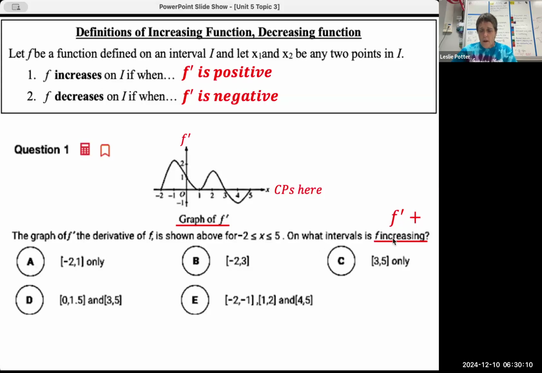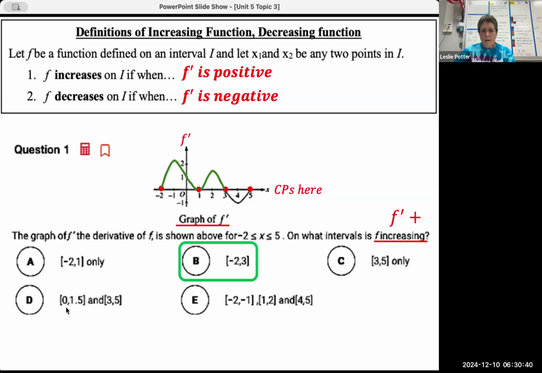So this function f is increasing then. Clicking is not working. There we go. From -2 all the way out to 3. So when we look at these answer options, -2 to 1, the function's increasing, but that's not the entire interval, right? It's only kind of a partial answer.